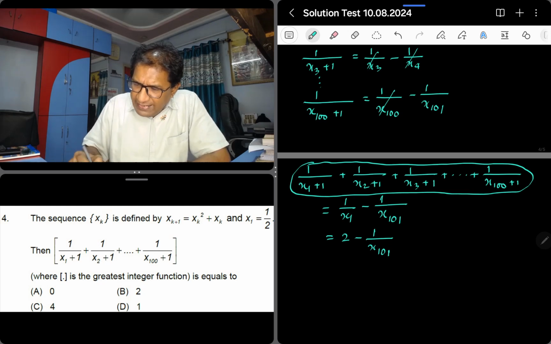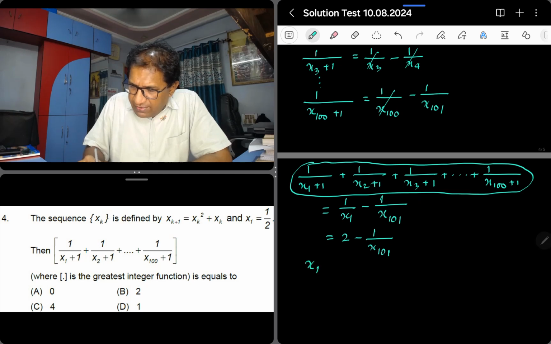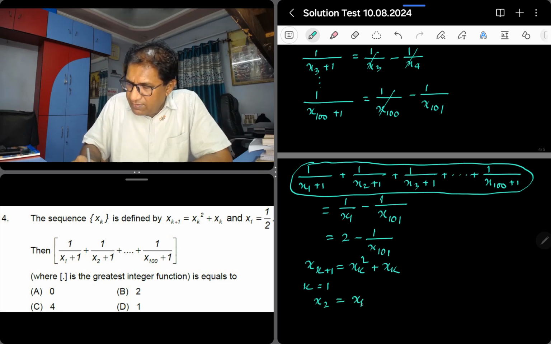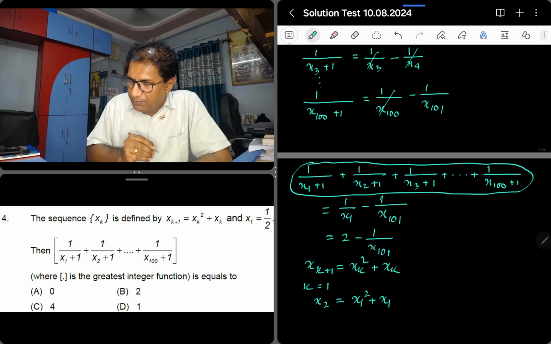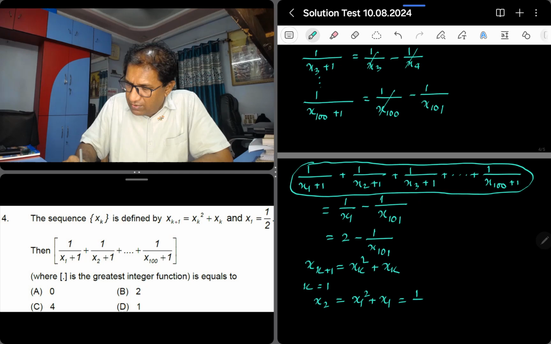Now, we can easily see from the given relation that we are having x(k+1) is xk squared plus xk. Now, if I put k equals to 1, we are going to have x2 as x1 squared plus x1. So that gives us x1 is basically half. So this one will give us 1 over 4 plus 1 over 2. So that gives us 3 over 4, right?